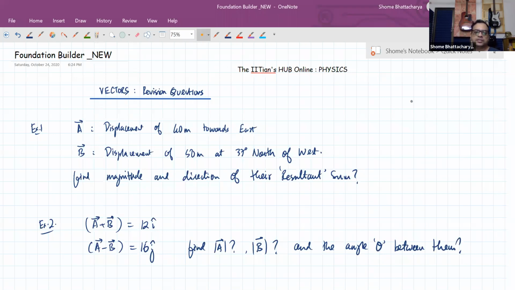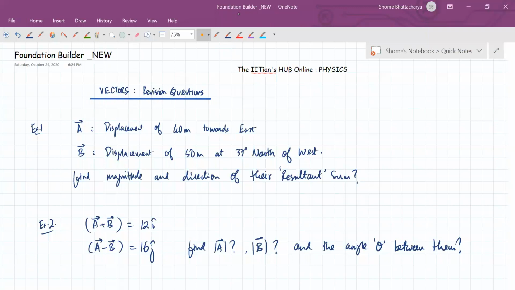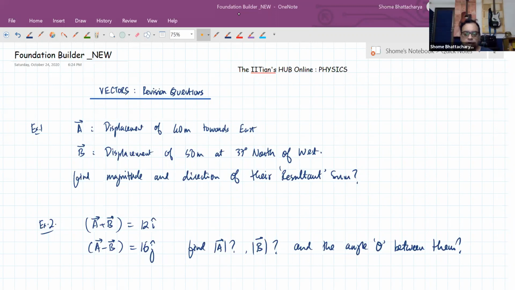Okay, so let us begin with these two questions, which are revision of the first few things that we learned in vectors: triangle law or parallelogram law, or whatever you use, or you can even use component algebra to try and solve them. Okay. So the next thing we will be learning in vectors will be dot product. But since you have a test coming up tomorrow, we will keep the next learning part in vectors for next week.